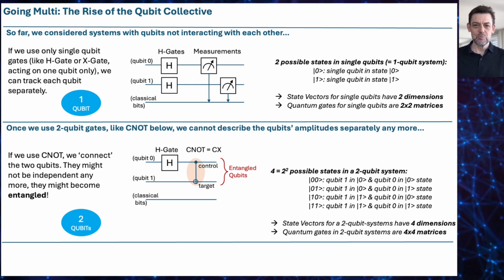If we connect two qubits in a circuit, we need to expand the basis to 4 possible states. 0,0, 0,1, 1,0, and 1,1. As said, this leads to 4 state vectors and 4x4 matrices for the gates.